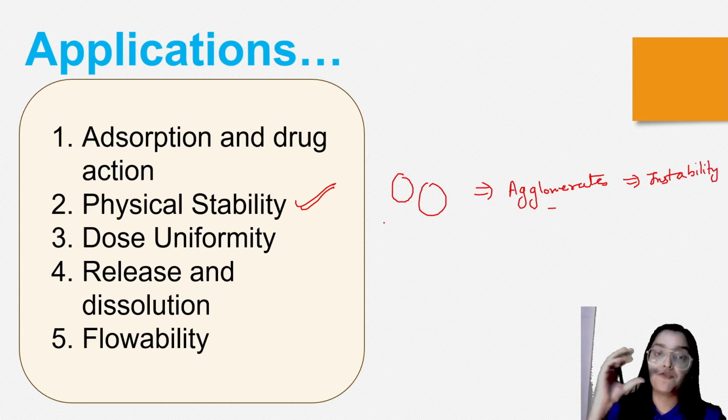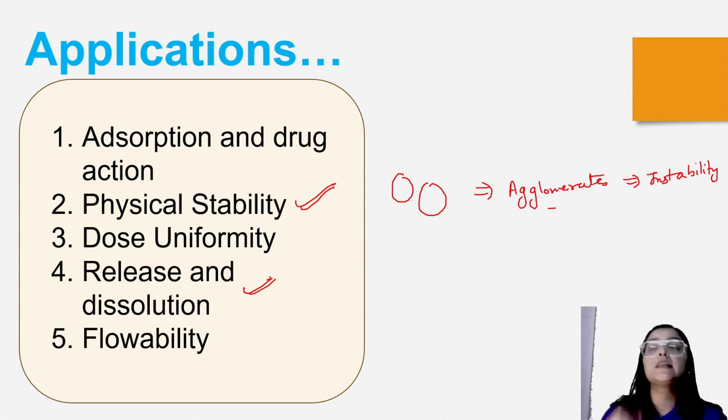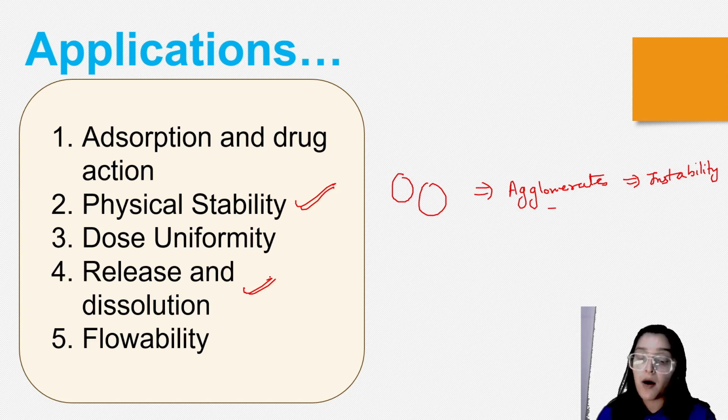So if the particle size is smaller, the stability will be better. Similar is the case for dose uniformity: smaller particle size will help you get good flow properties, the packing will be good, so there will be weight and dose uniformity, right? Similarly, the dissolution and the release. Obviously, if the particle size varies, there will be a major impact on the dissolution and the release of the drug from its formulation. Next is the flowability. I have mentioned how important these flow properties are for your powders.